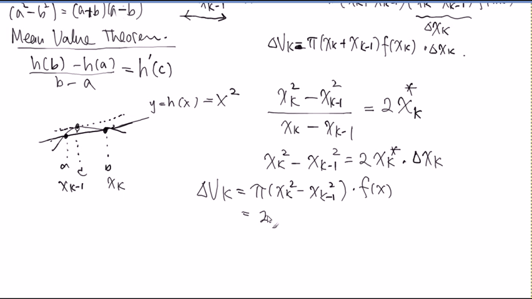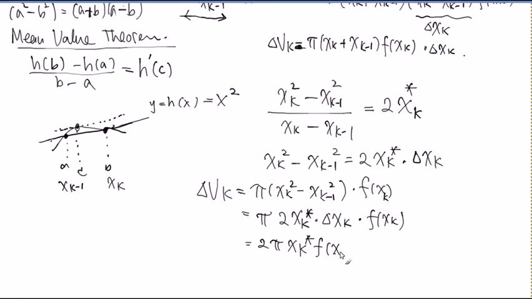The pi is still there, and there was that f(x_k) out there. And you put that delta x_k out there, then you have 2 pi x_k star f(x_k) times delta x_k.